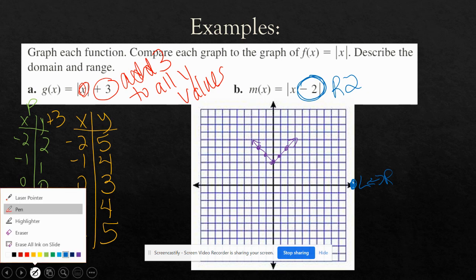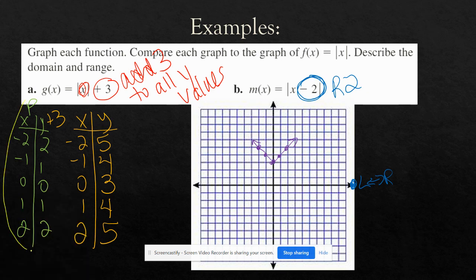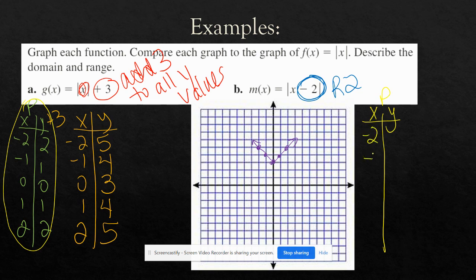What that means on our table, again, we're looking at this parent function. And this time, instead of the y, we are changing the x. So here's our parent. And we're going to do plus 2 here.